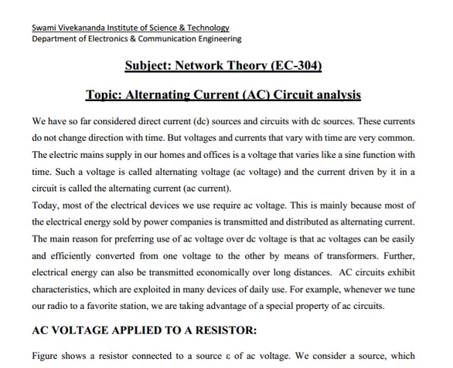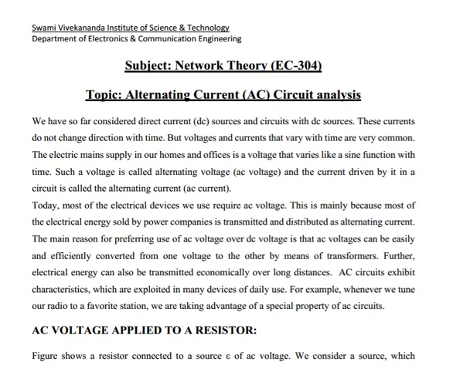Now I am going to explain the basics of alternating current circuit analysis, that is AC circuit analysis. So far we have considered direct current sources, and circuits with DC sources. The DC current does not change direction with time.